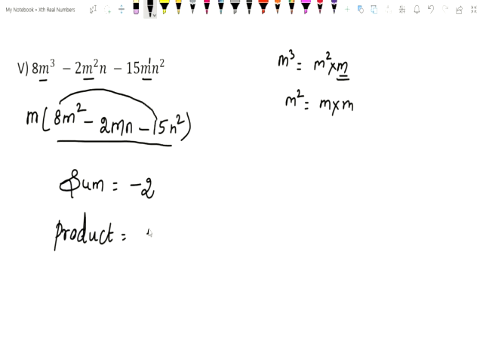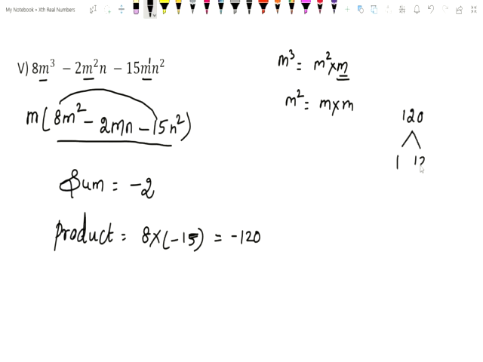So, 8 into minus 15. 8 5s are 40, 8 ones are 8, 8 plus 4, 12. So, minus 120. So, I am going to find the factors of 120.